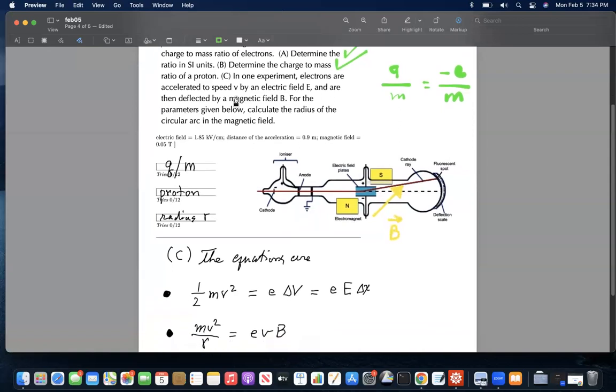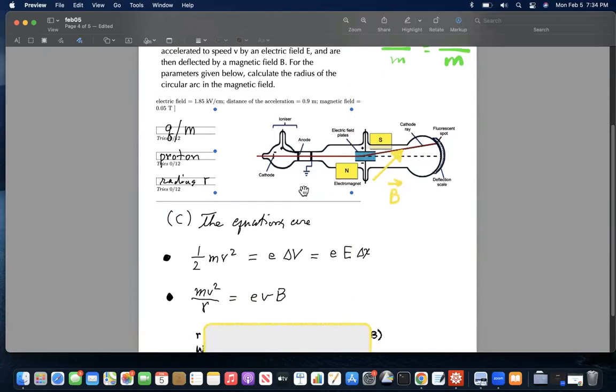So what would be the radius of the arc of a circle? While it's in the magnetic field, it's traveling on a circle. But once it comes out of the magnetic field, it's traveling in free space, so it's just a straight line. So what's the radius of that circular arc inside the magnetic field?